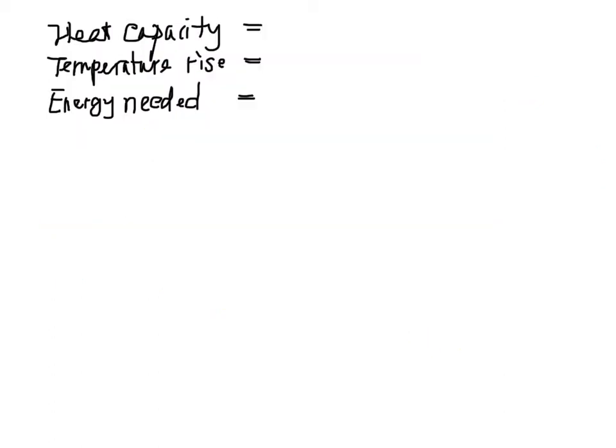Now, if we let the heat capacity of a body be letter C, and the temperature rise is the final temperature T2 minus the initial temperature T1 equal to delta T. Delta means change in temperature.